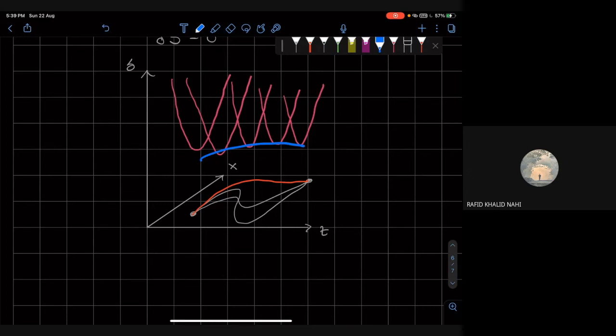Whereas if you follow one of the non-physical paths, say this one, and you vary it a little bit, then in this space it goes somewhere like this. You're changing the action quite a bit. Okay? If you change the green path slightly, the change in the action will not be 0. Okay? Is this clear what I'm trying to say?